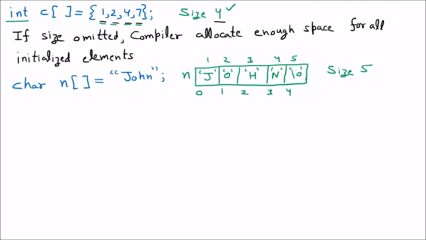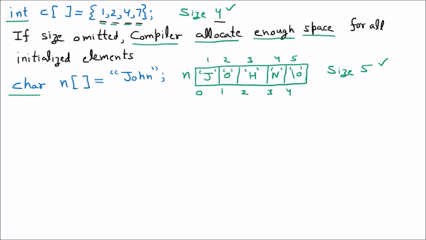And in the case of a character array, the null character is required, so the size will be 5. That's why we have said the compiler allocates enough size, meaning whatever size is required to hold those particular elements inside the array.